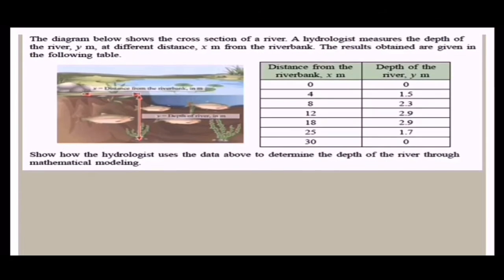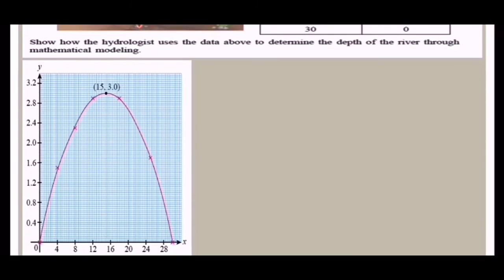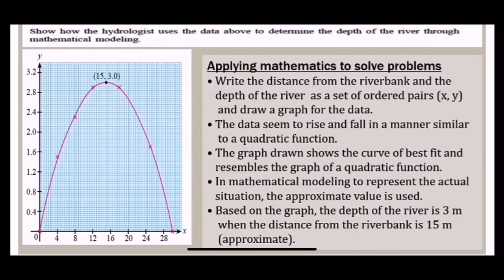The third step is applying mathematics to solve the problem. We must write the distance from the riverbank and the depth of the river as a set of ordered pairs x, y. We can get the data from the table and draw a graph for the data. The data seems to rise and fall in a manner similar to a quadratic function.